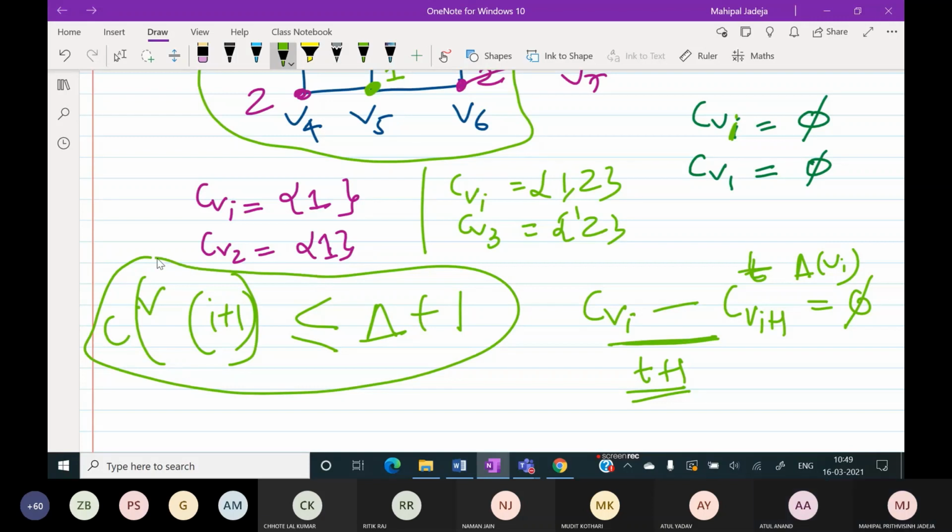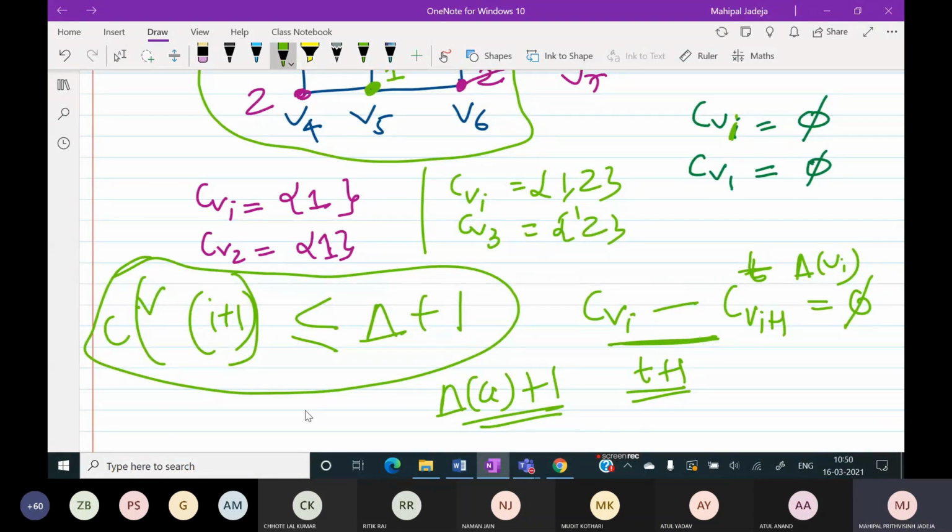And this is true for all V_I. So in general, I will be using at most delta G plus 1 colors. And if you remember, the upper bound on the chromatic number is also this.